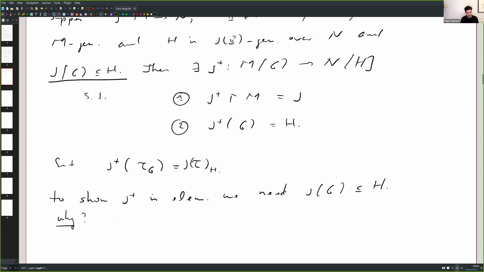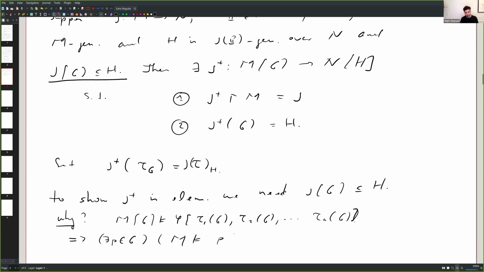Suppose M[G] satisfies phi(tau_1^G, ..., tau_n^G). Then there is a condition in G, by the forcing theorem, such that M satisfies that p forces phi(tau_1, ..., tau_n).